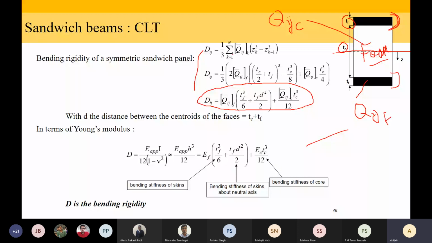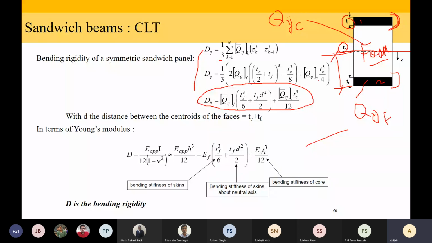So Dij is 1/3 summation k equal to 1 to n Qij into Zk cube minus Zk minus 1 cube. So Qij will be equal to 2 into Qijf. So 2 is coming because of the two faces: Tc plus Tf cube minus Tc cube by 8. This is Tc by 2 plus Tf, minus Tc by 2 cube, which will come as Tc cube by 8, plus Qij core into Tc cube by 4.